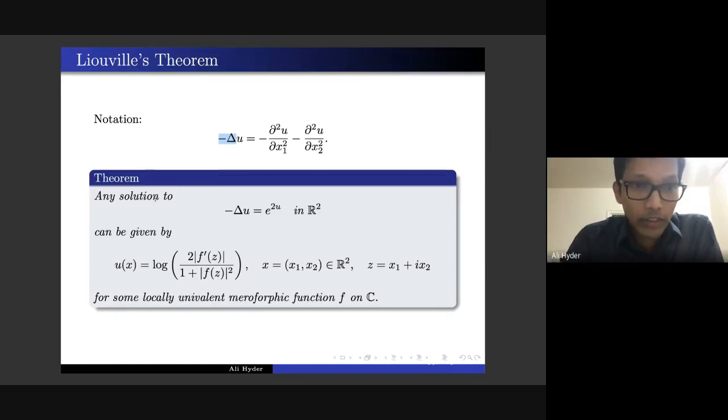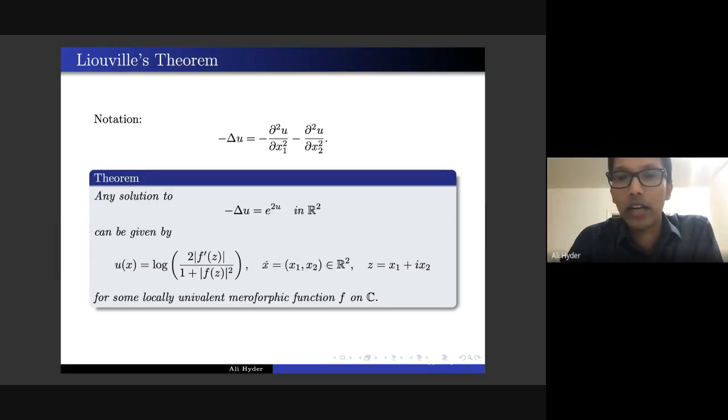Liouville's theorem states that any solution to this PDE in R2 is given by u = log of 2 mod f prime z divided by 1 plus mod f z squared. Here z equals x1 plus i x2 and x equals (x1, x2) in R2.